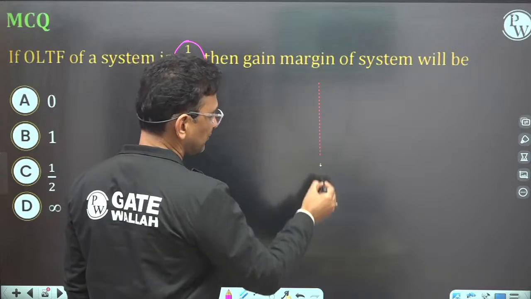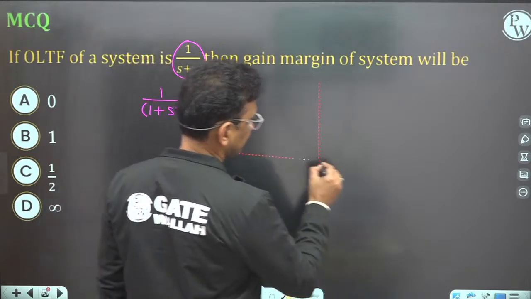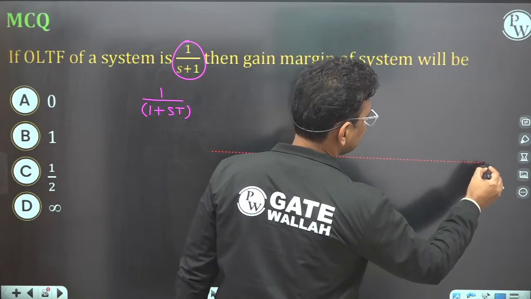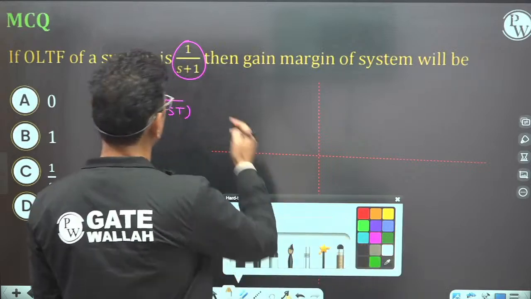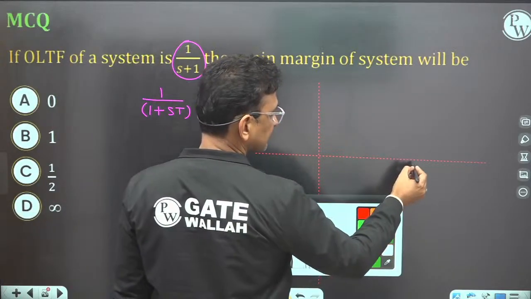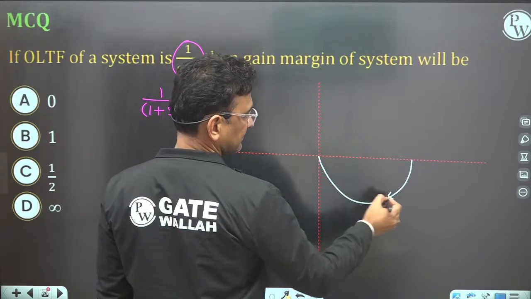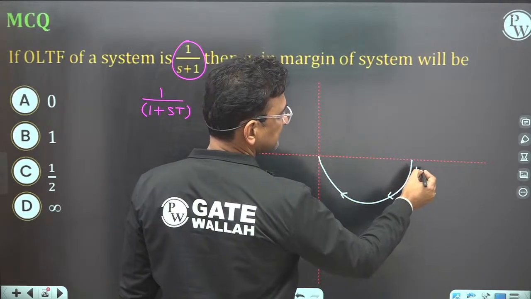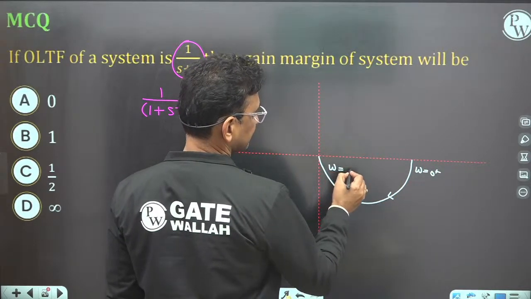How to draw the polar plot of a type 0 order 1 system? You can use the trick to draw the polar plot. The polar plot of 1 upon 1 plus sT is like this, where omega is 0 plus here, and omega is infinite plus here.